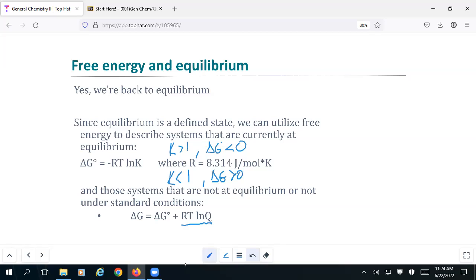So what this second equation allows us to do is look at a reversible system, not at equilibrium, and predict the spontaneity of that system. So if we manipulate the system by flooding it with extra reactants, according to Le Chatelier's principle, does that yield a more favorable spontaneity value?